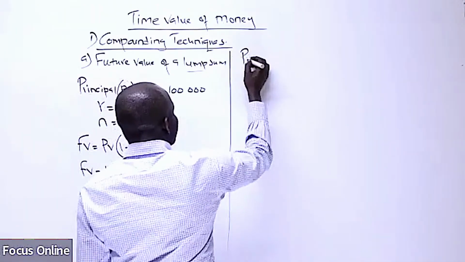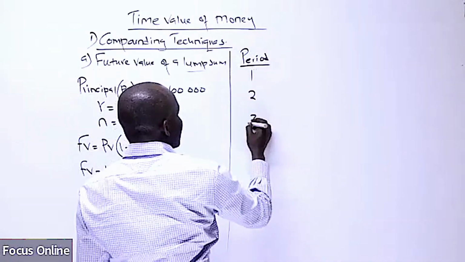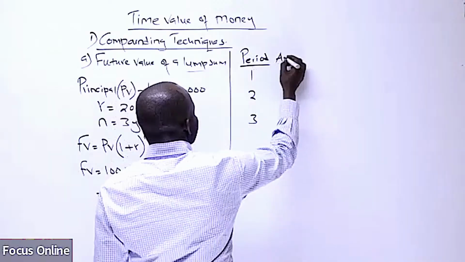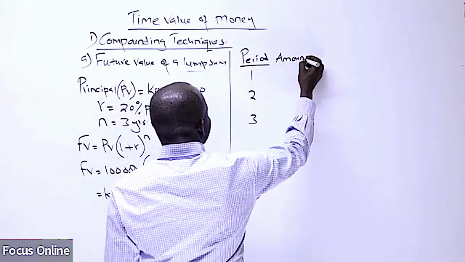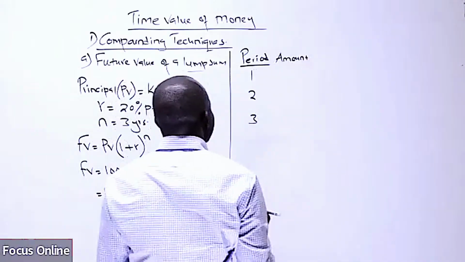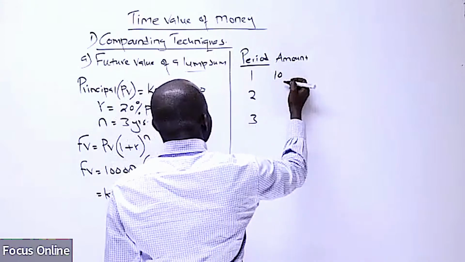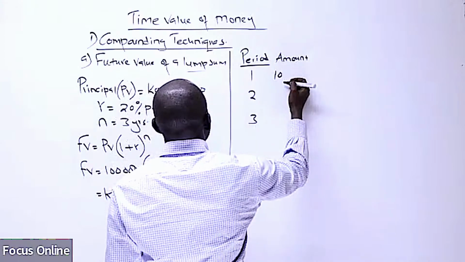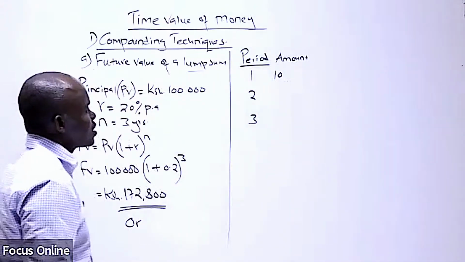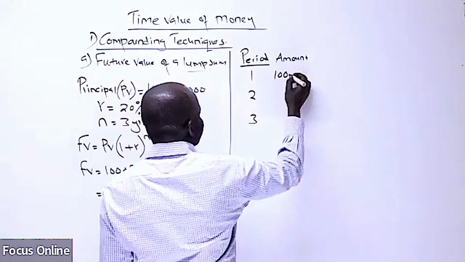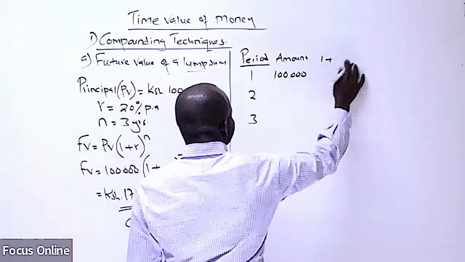You'll say period 1, 2, and 3, and amount.